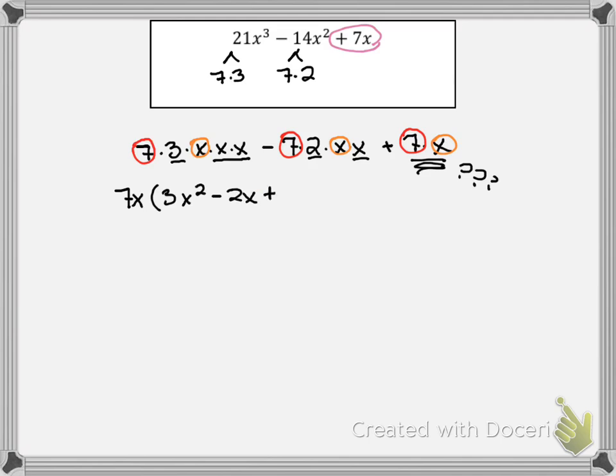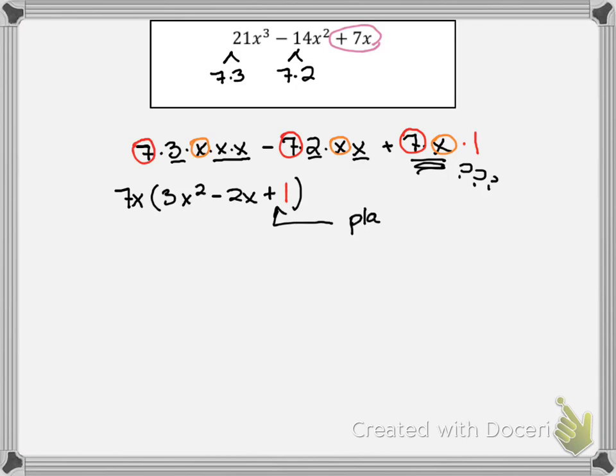Well, remember our ninja number, right? 1 is our ninja number. We can always multiply anything we want to by 1. One of the most common mistakes I see students make is to leave out this 1.